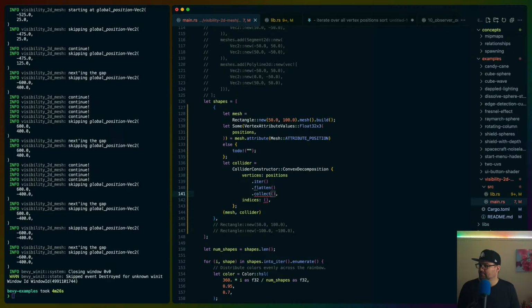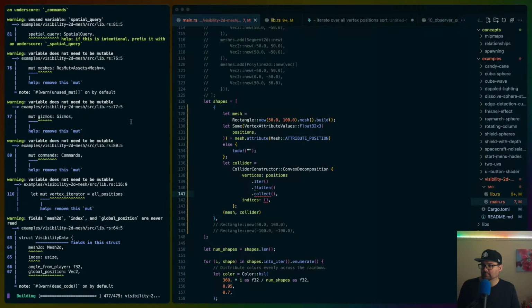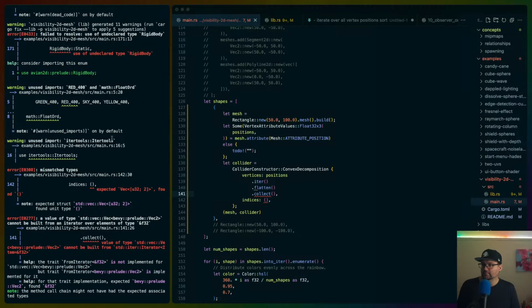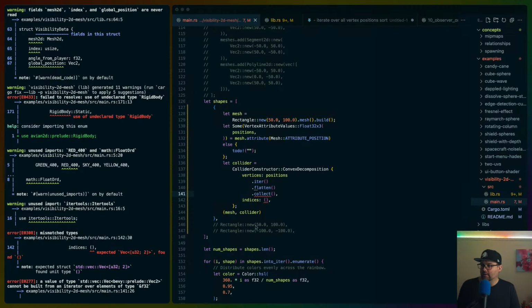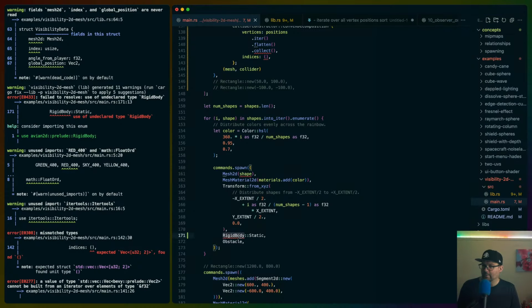What is this supposed to be? Use of undeclared type RigidBody. Okay, well, we'll just comment you out for a second. I'm glad you're enjoying it, Karai. Thank you. Appreciate you.